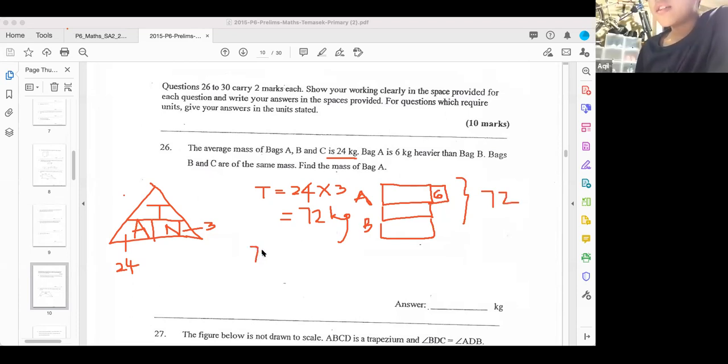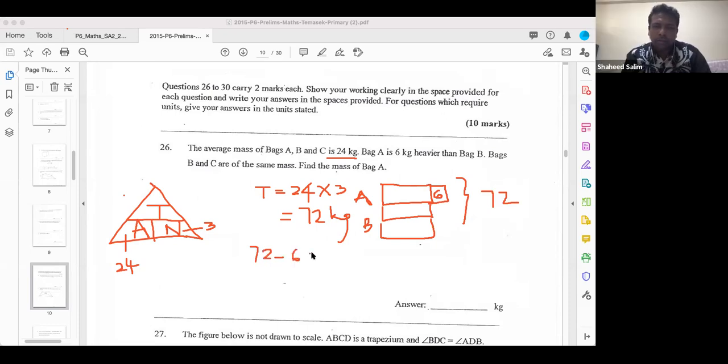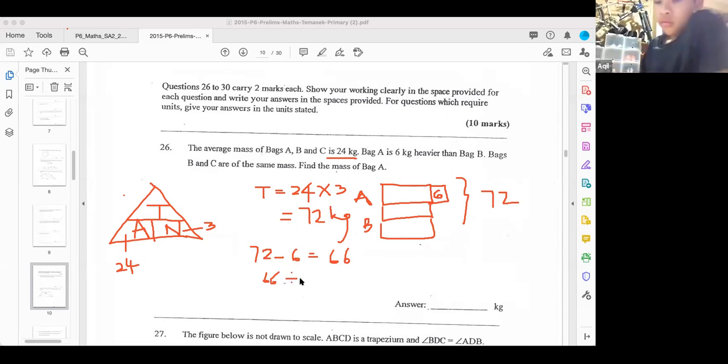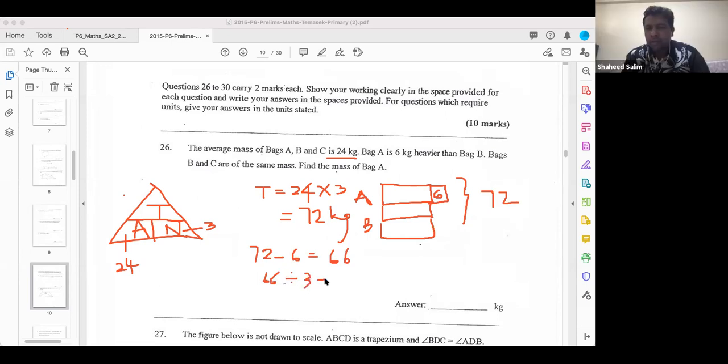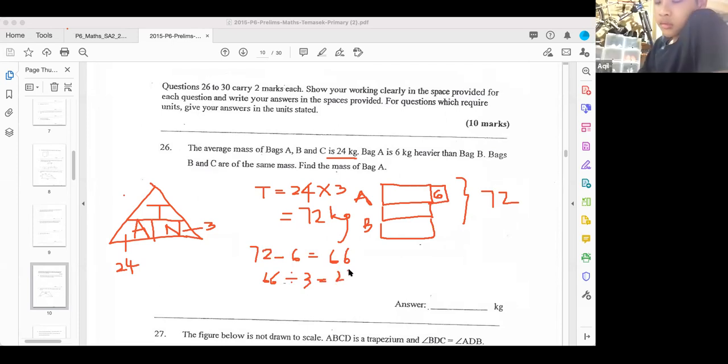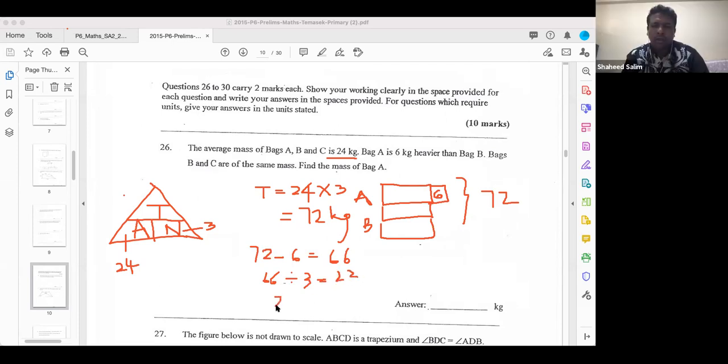Then you divide it by 3, then you plus 6 to that number. Well done. So 72 minus 6, you get 66. Divide by 3, you get 22. All these number sentences you must write for problem sums. Then the last one you plus 6. Well done, you get 28.